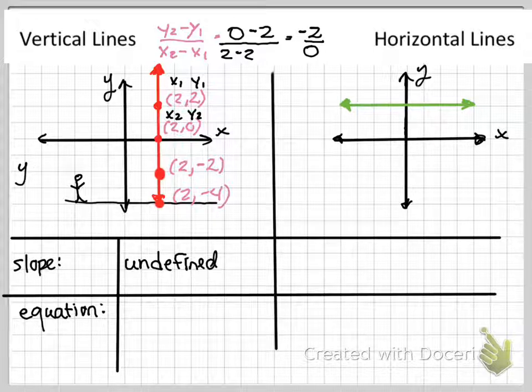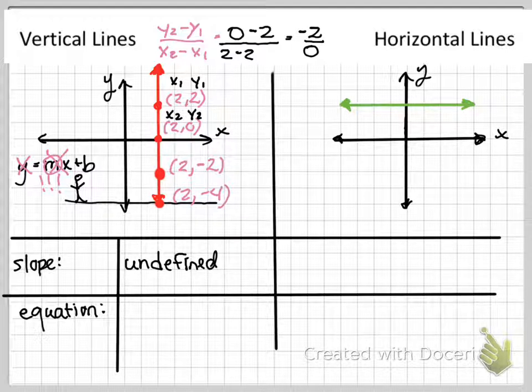Sometimes we'll try to put things in y = mx + b form, right? But the problem with this, of course, is that our slope is undefined. We don't have a numerical value for our slope, so we can't really write this piece. In fact, we can't have a y equals anything at all.